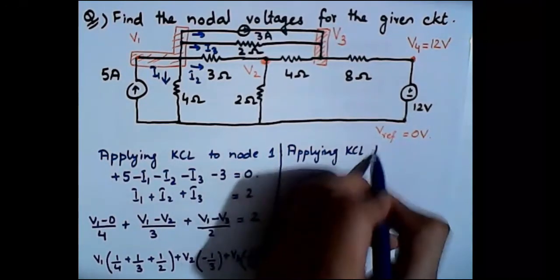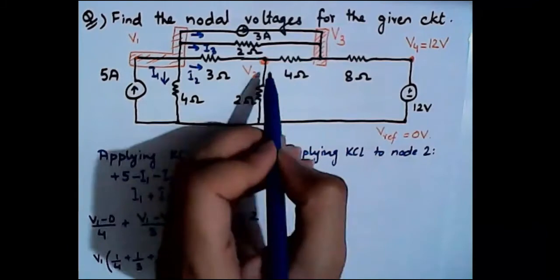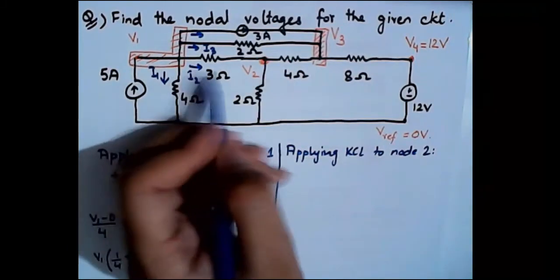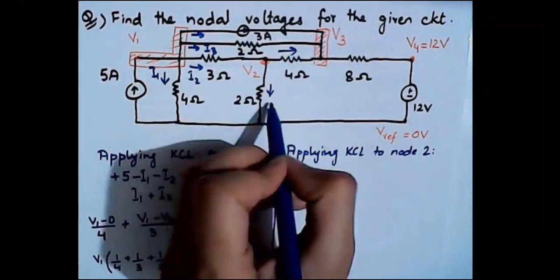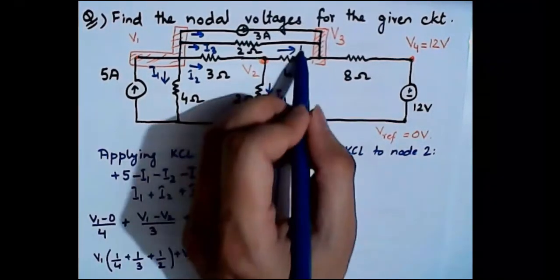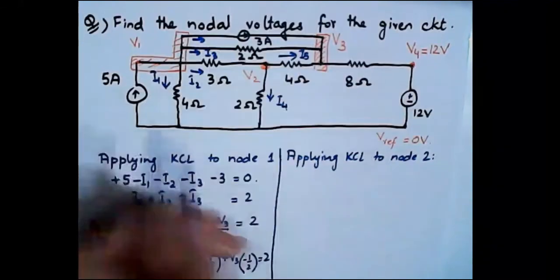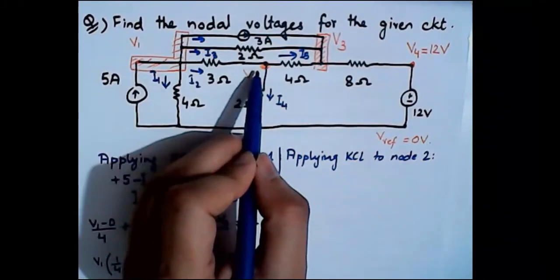So moving towards node 2 now, let's apply KCL to node 2. Okay, here you can see we have already defined the direction of current I2. The current through the remaining branches we need to define. Let's define them as I4 and I5, right? Again you can see that the current I2 is entering node 2.